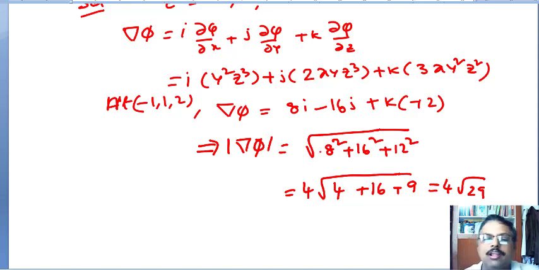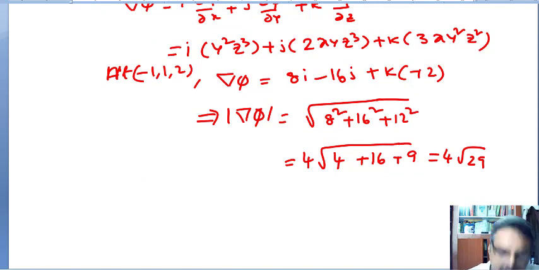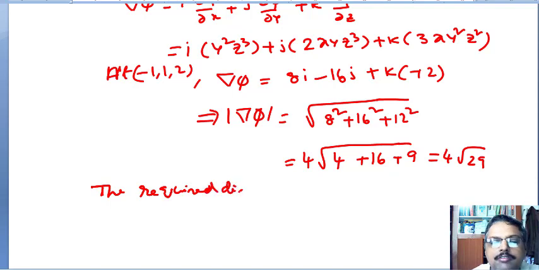Now what is the final answer? The required direction is E bar equals del phi.